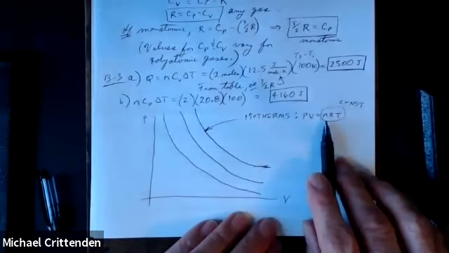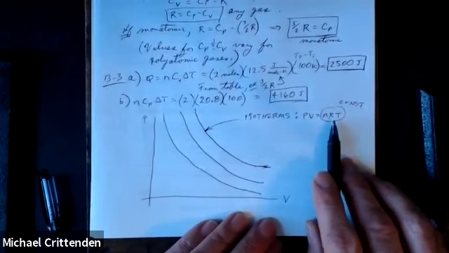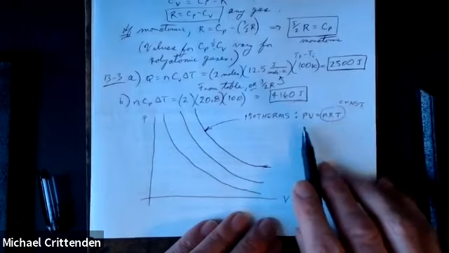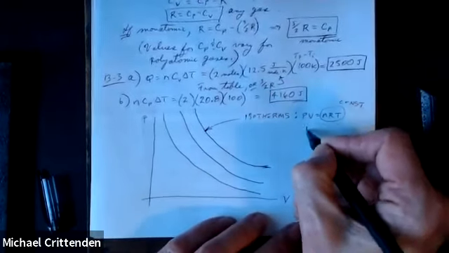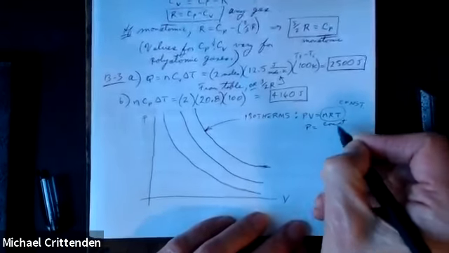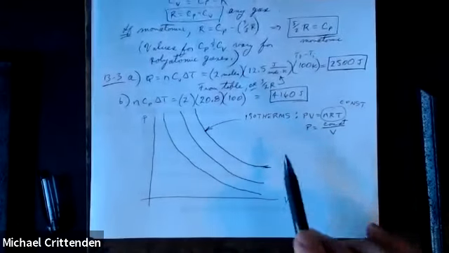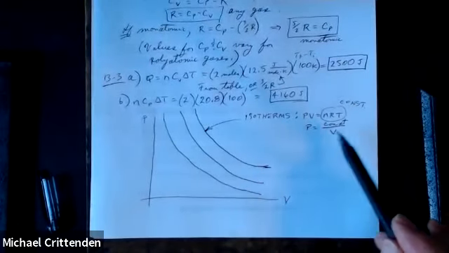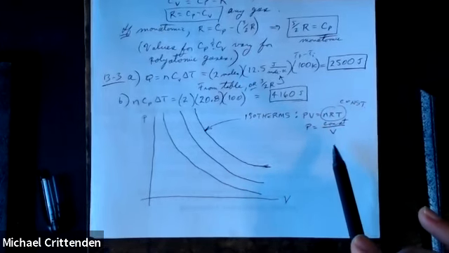And if the system doesn't leak, n is constant. So you have the special case of the gas law that's called Boyle's law, PV equals a constant. Or rearranging it a little bit, P equals this constant, the constant that's equal to nRT, divided by V.